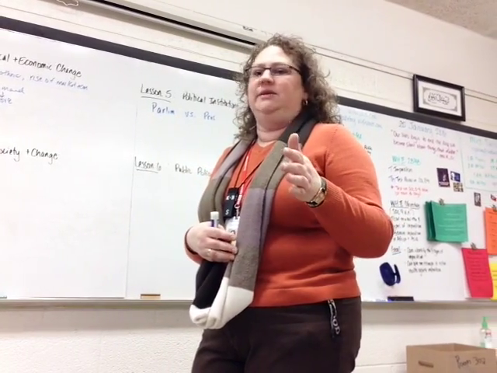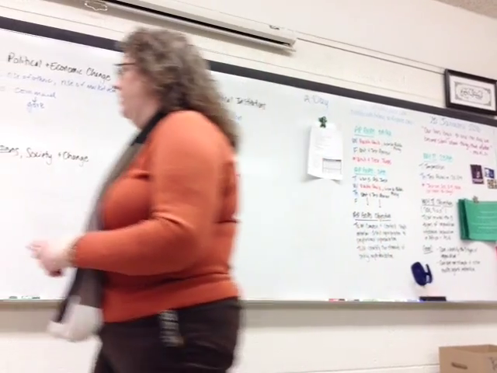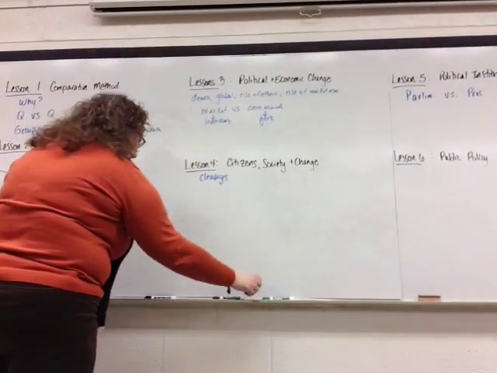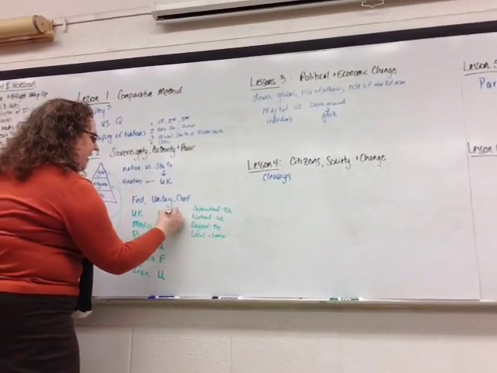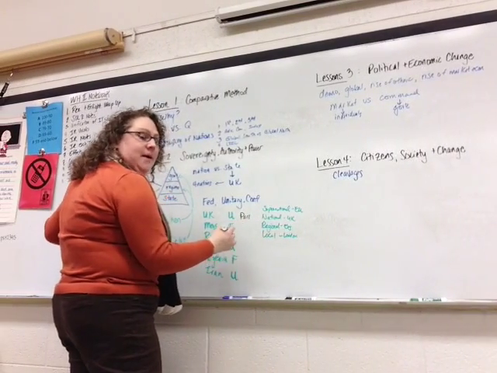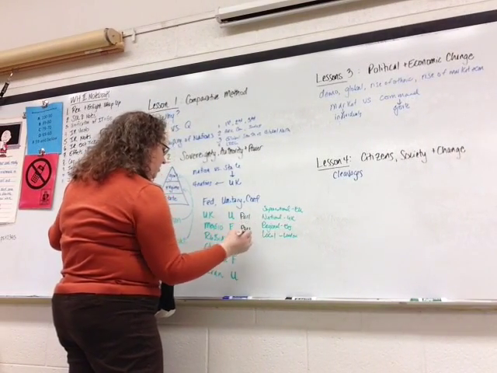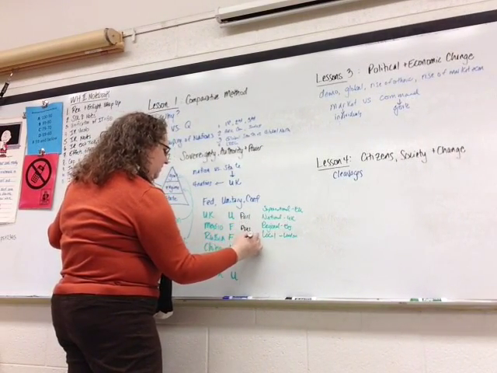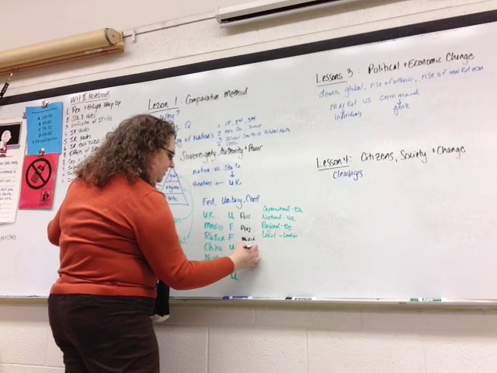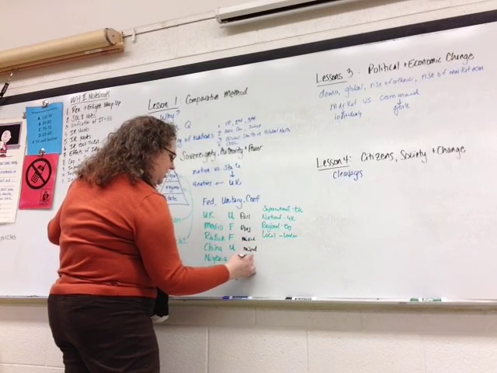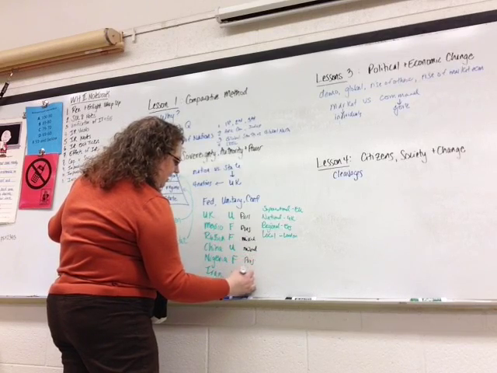So Russia would be an example of a mix. So if we go back to our countries over here, the UK is parliamentary, Mexico is presidential, Russia is mixed, China is mixed, Nigeria is presidential, and Iran is mixed.